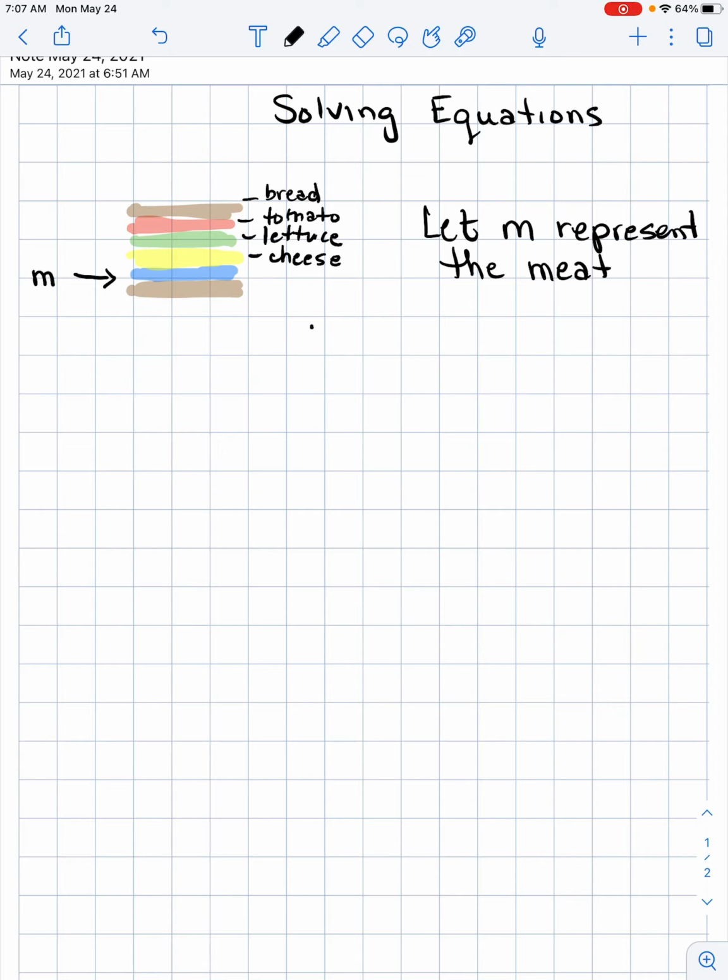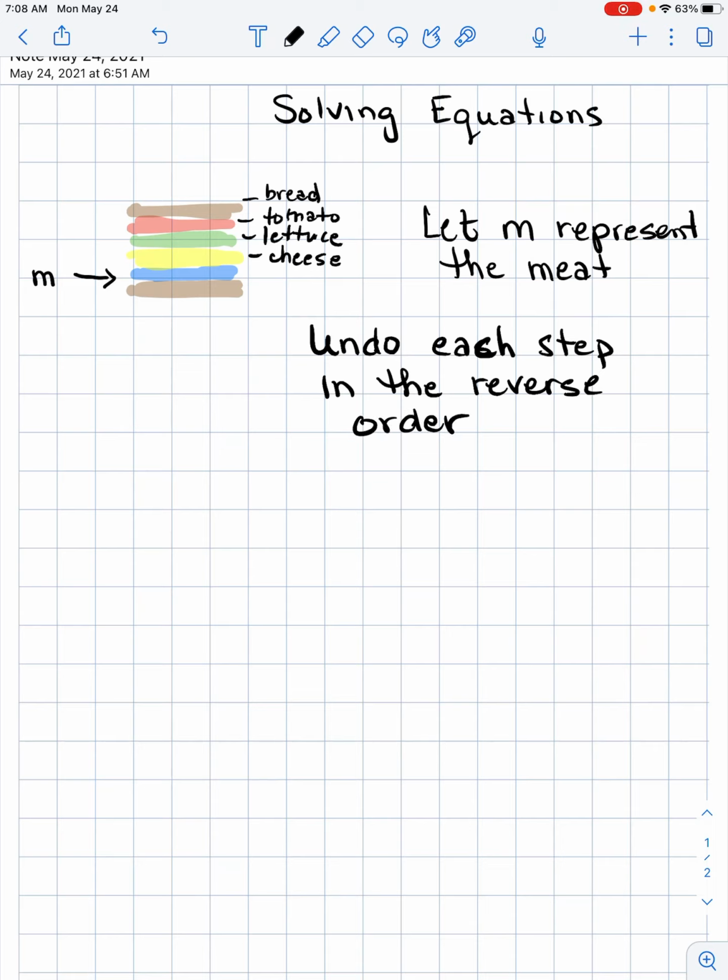So I am going to have to undo each step. Each step. But I'm going to have to do it in the reverse order that each layer was added.